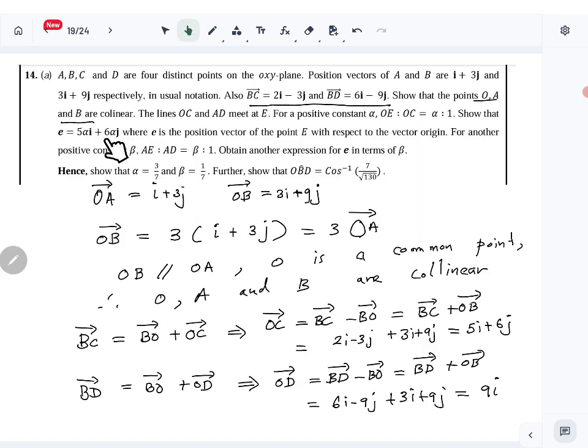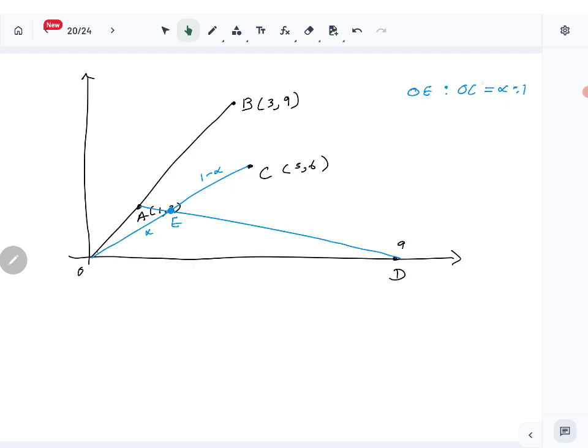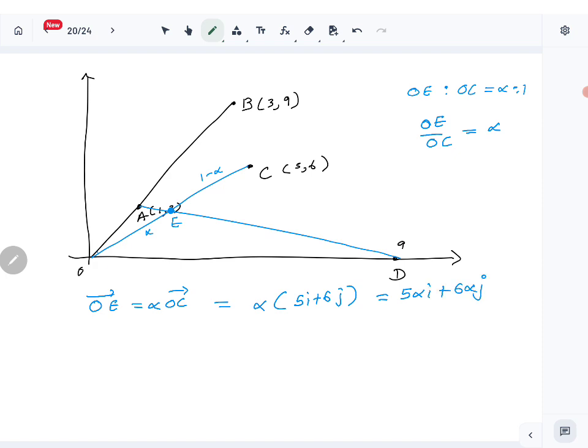So we'll use this ratio. OE divided by OC is alpha. So then the OE vector is alpha OC vector. So that is alpha times 5i plus 6j. So we get the result 5 alpha i plus 6 alpha j. So that is the E vector that they ask us to find.